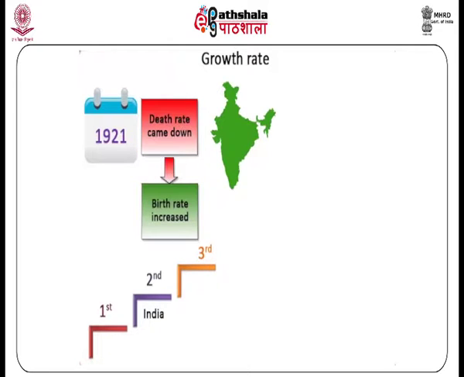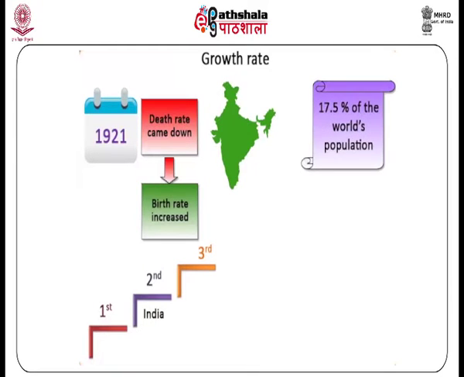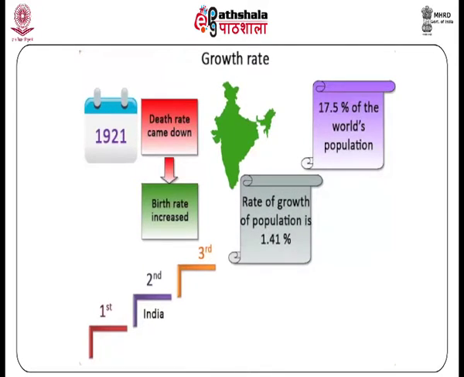Since then, India has become the second most populous country in the world, containing 17.5% of the world's population. Its rate of growth of population is 1.41% and it has crossed the 1 billion mark in 2000.